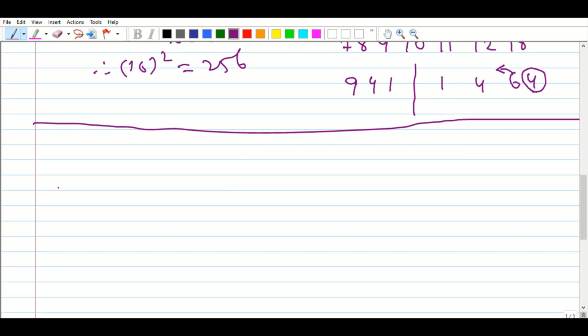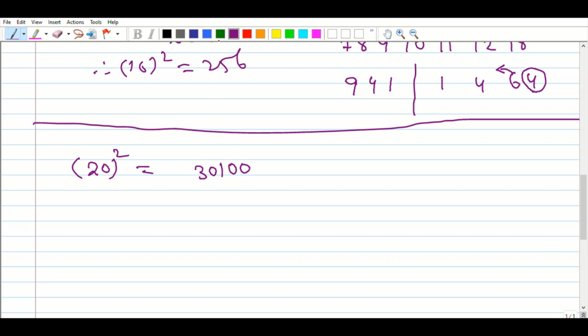Let's see, 20 square. 20 is more than 10 by 10, so 10 tens are 100. 10 plus 20 is 30.